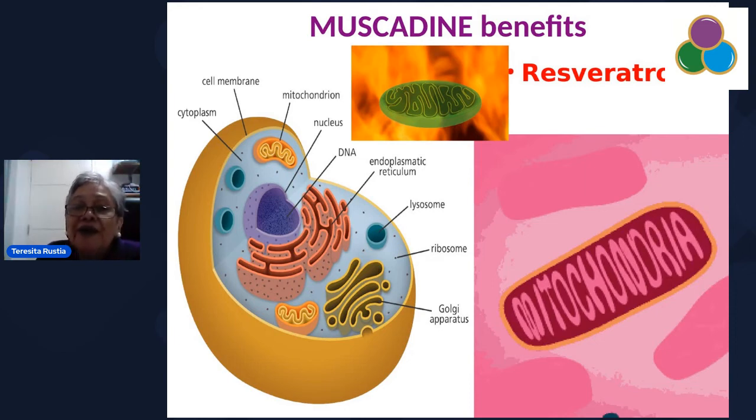Okay? And so there is another picture, the one in green, that is how the mitochondrium looks like. What is the function of the mitochondrium? The mitochondrium, this is where food is burned by oxygen. So therefore, if food is burned, we have energy.